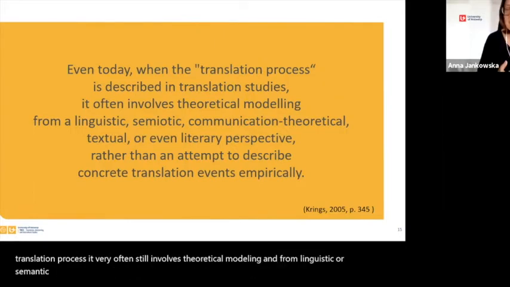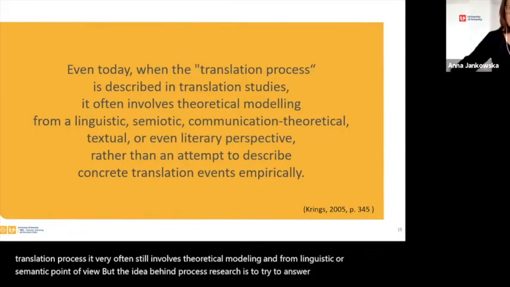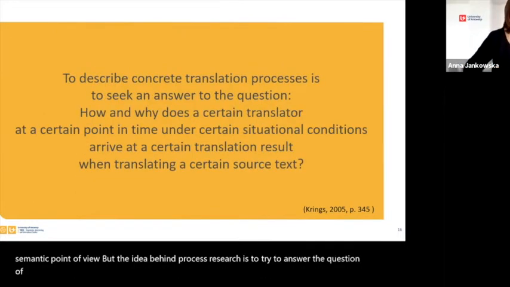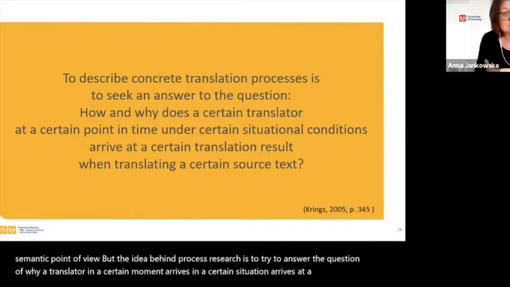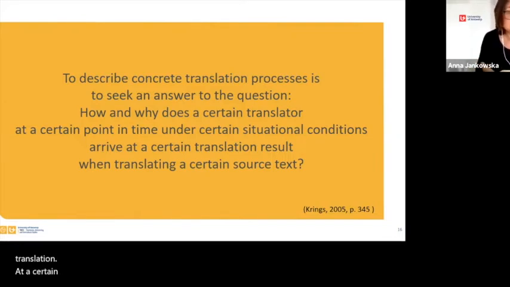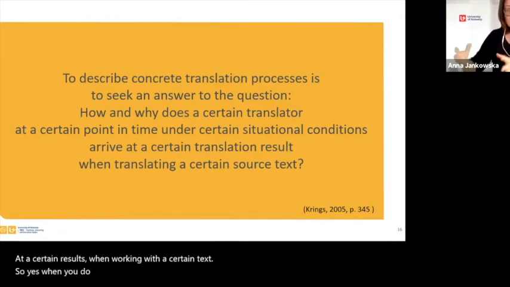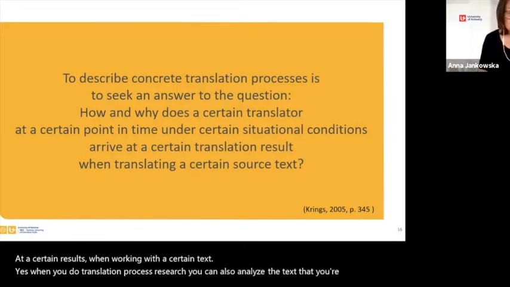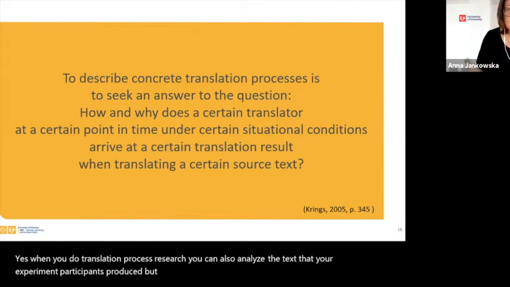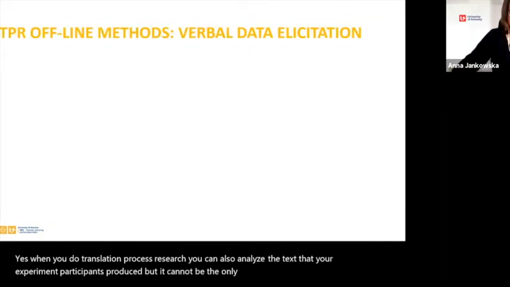But the idea behind process research is to try to answer the question of why a translator in a certain moment arrives at a certain translation, at a certain result when working with a certain text. So yes, when you do translation process research, you can also analyze the text that your experiment participants produced, but it cannot be the only thing that you do because it's not process research.